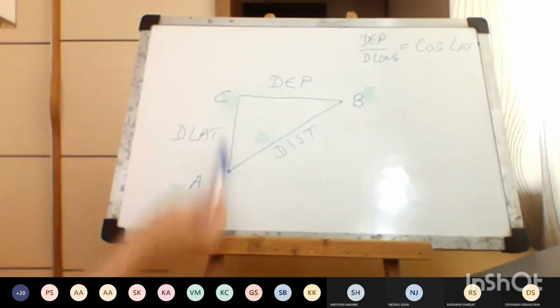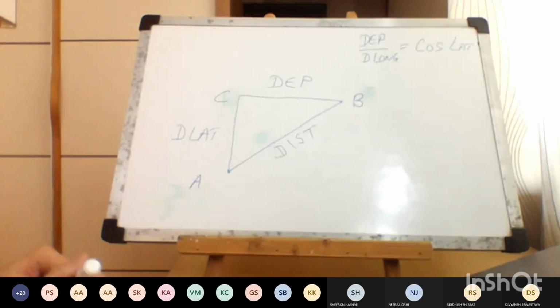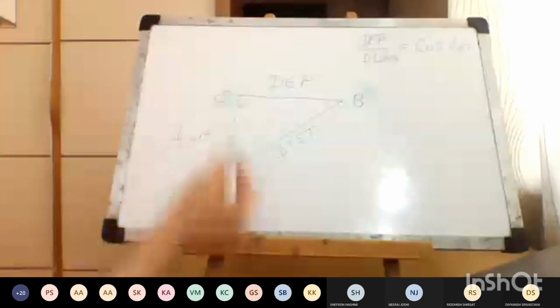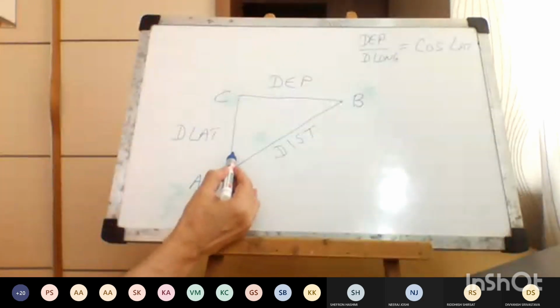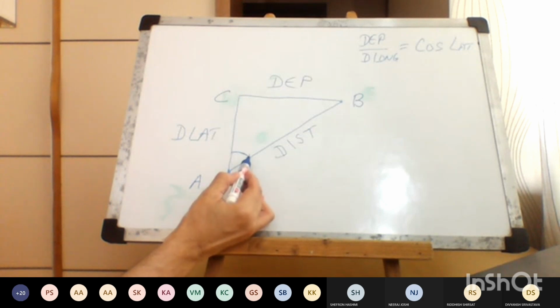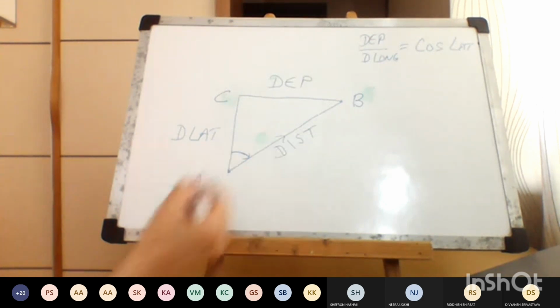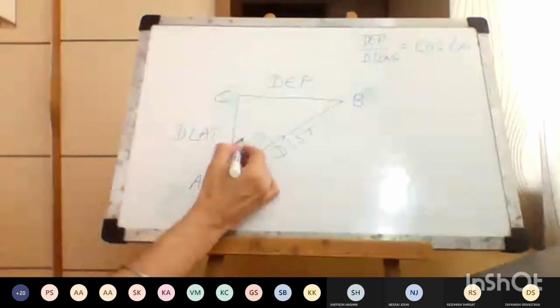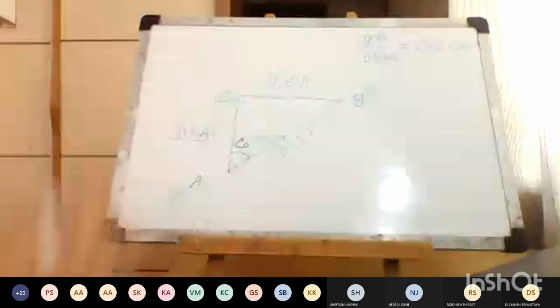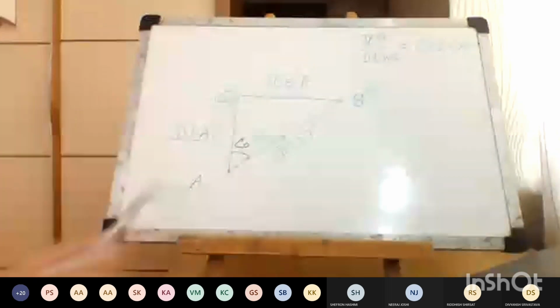So if this is the vertical line as a meridian, that means this is pointing 000. So what does this angle become? If you are going from point A to point B, this becomes your course.